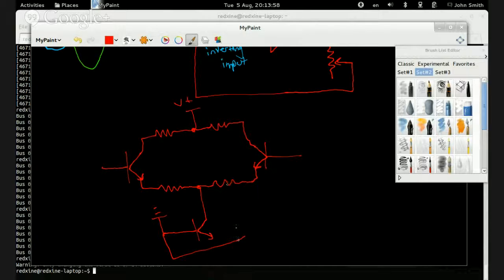It's a voltage divider with a negative voltage source.